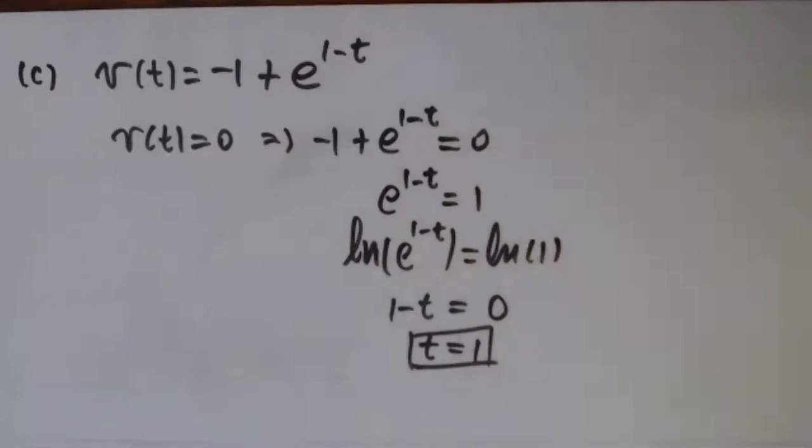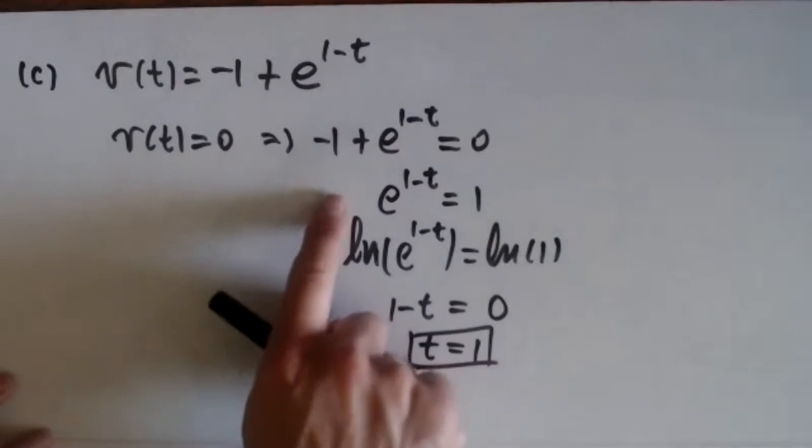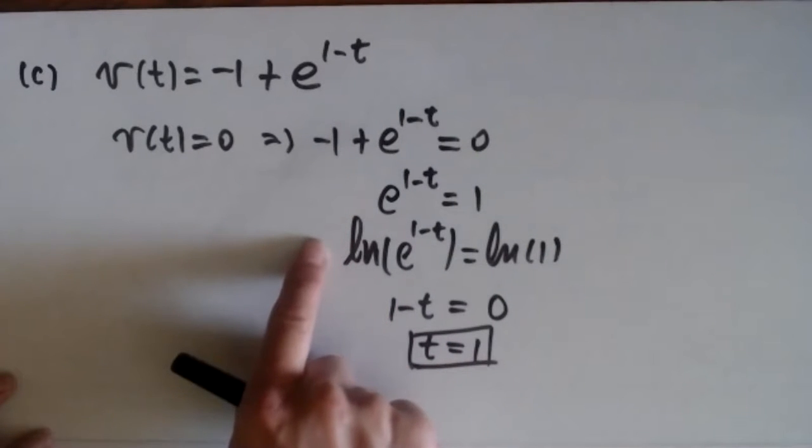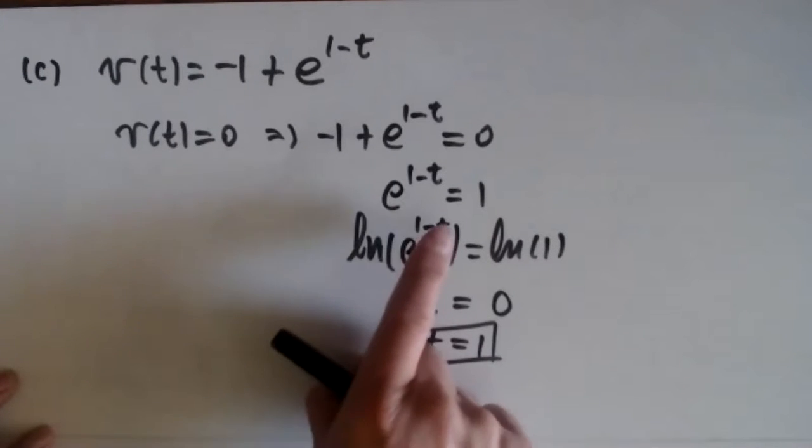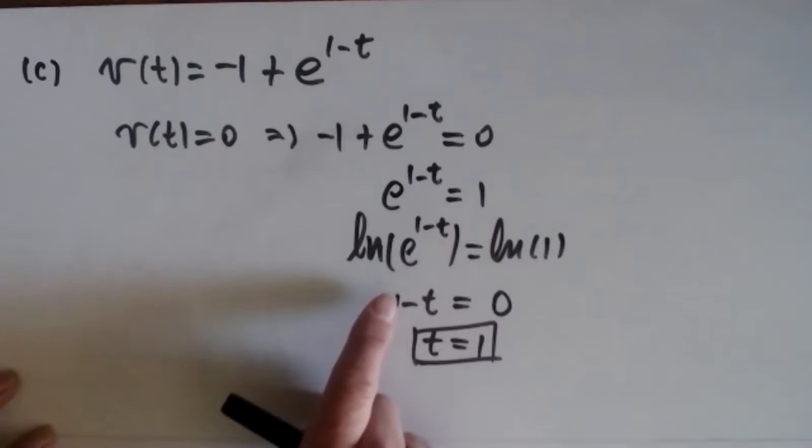Hey Ramirez, what did you say to get x from e? You put e to the power of ln? A ver, let me see. Remember, these two cancel, you get this one by itself.